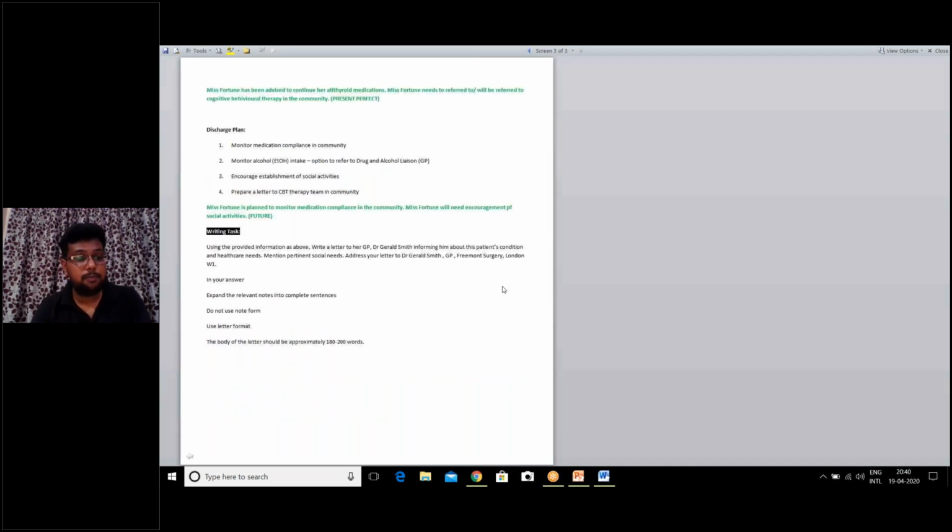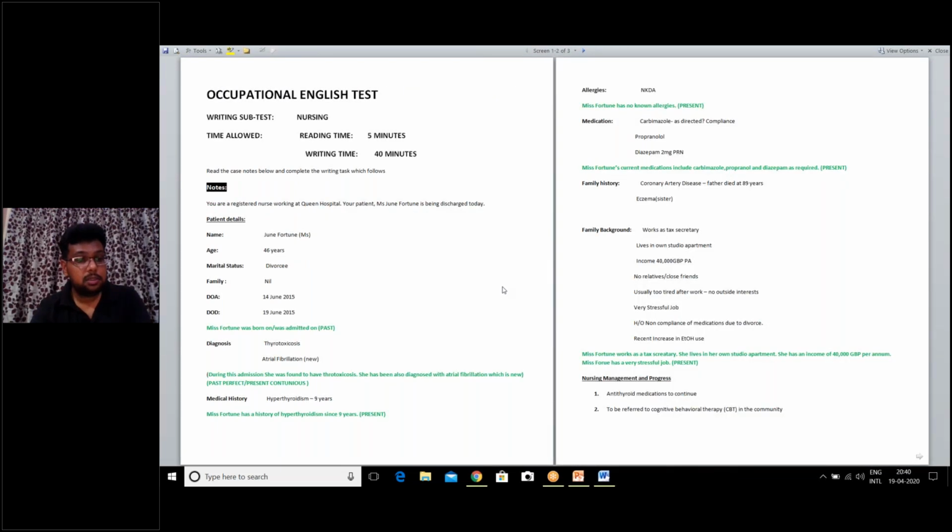Now, the diagnosis of Miss Fortune shows that she has thyrotoxicosis with atrial fibrillation that has recently developed.